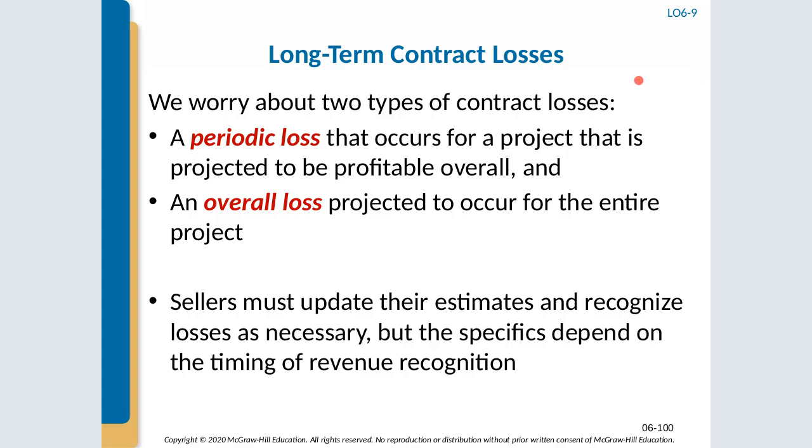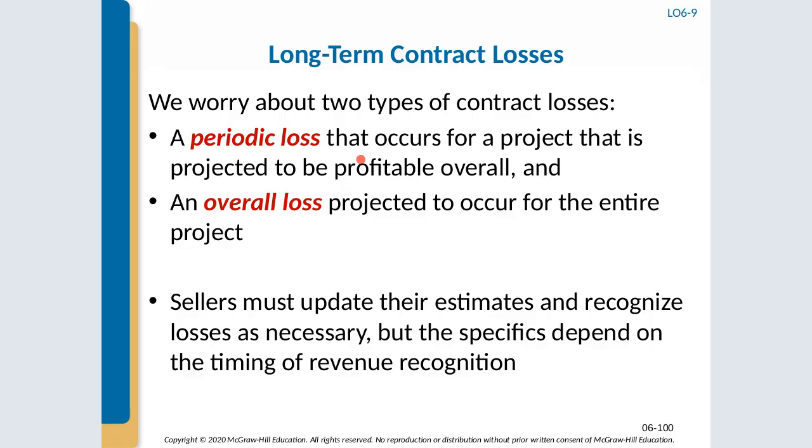So we have, for example, there are 2 types of losses. One is the periodic loss. So just for that year, we had 3 years or 4 years or 5 years. Just for 1 or 2 years, maybe we have a loss, but overall we still have gross profit. Okay, that will be a periodic loss. Overall loss means that we pretty much miscalculated our cost.